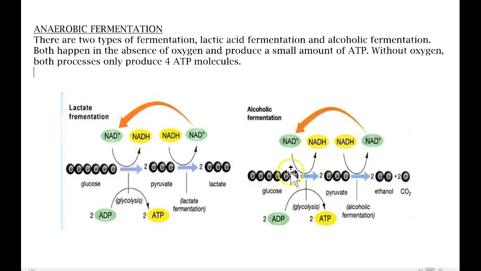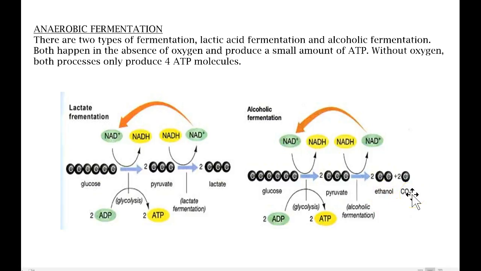Alcoholic fermentation looks pretty much the same way. We start off with the ATP breaking down the glucose. We get the NADH just like we talked about before. It's used to break down the pyruvic acid, but depending on where the reaction takes place, it will turn into ethanol and carbon dioxide. So this is why bread rises.